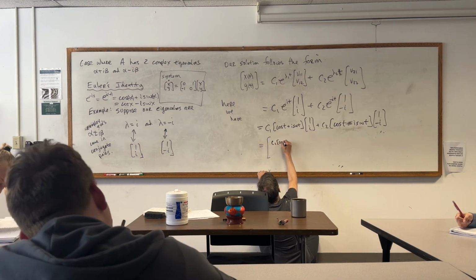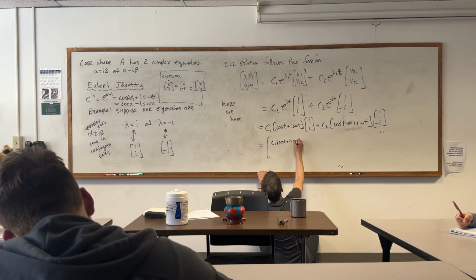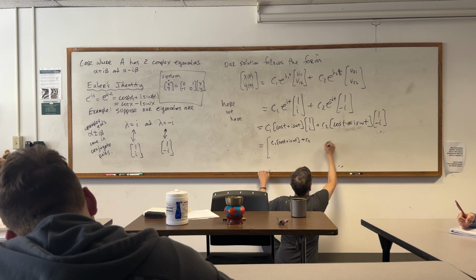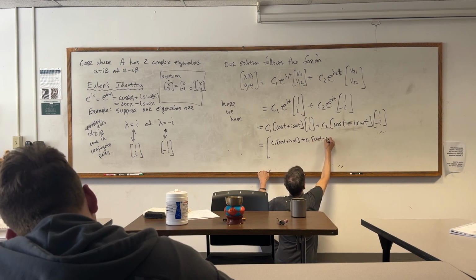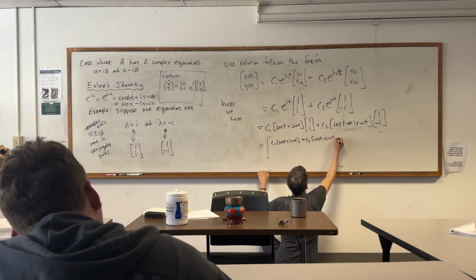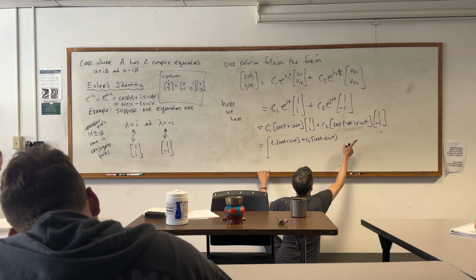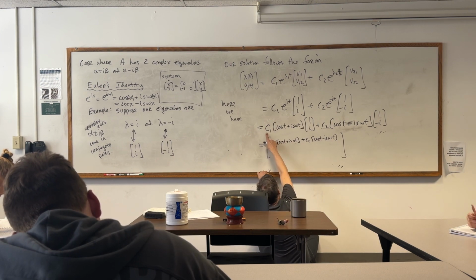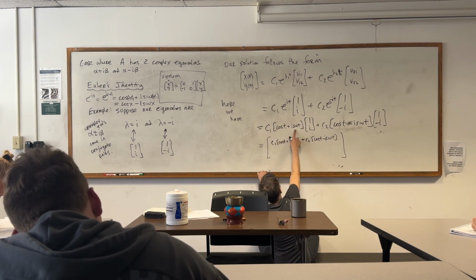C1 (cos t plus i sine t), that's times 1, plus C2 (cos t minus i sine t), times 1 again. So that's the first component. So it's not too bad. This bottom one becomes the same thing, but times i.